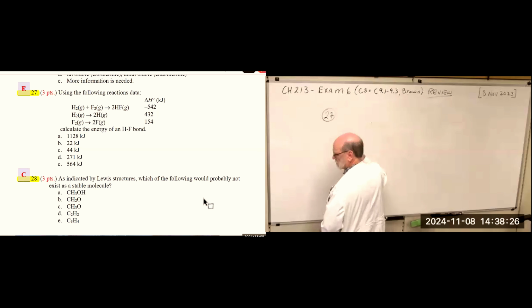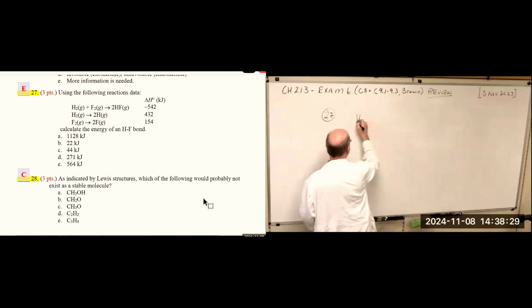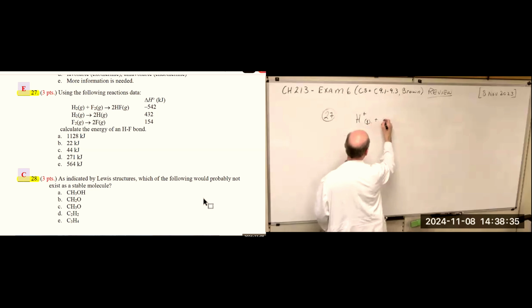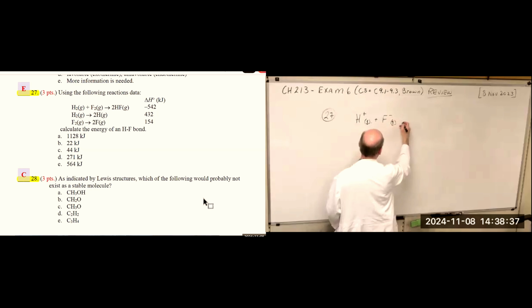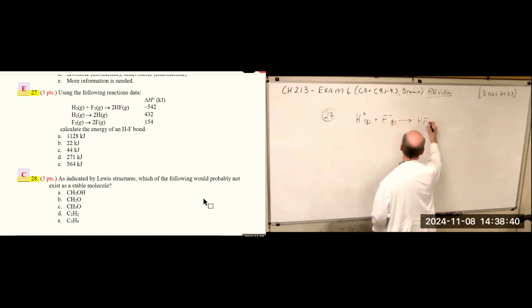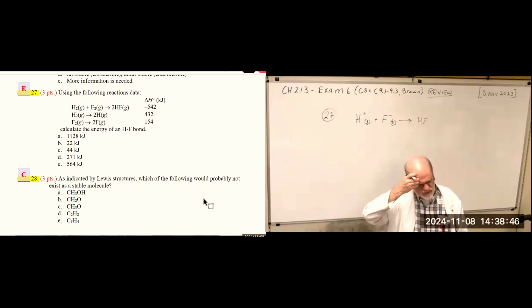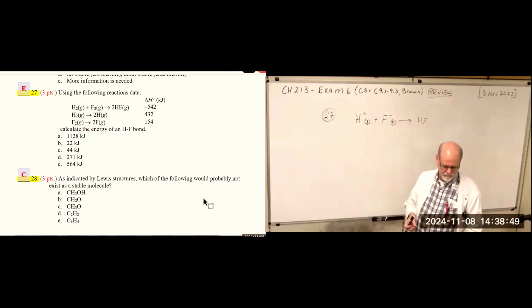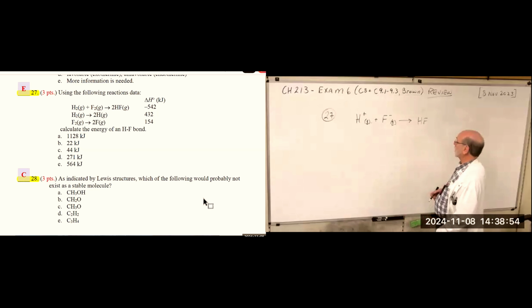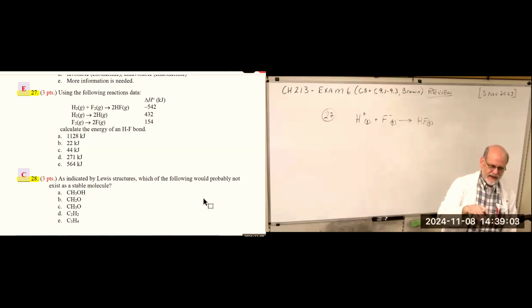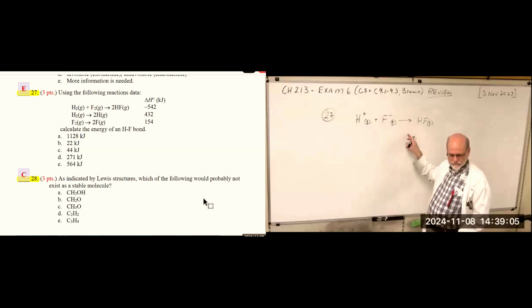The reason for that is H would be like that, fluorine would be like that, and we would produce this. Actually, that doesn't work because you normally think of lattice energy as producing a solid. But I think it should work like that. So if we're using Hess's law, that's what we're after right there.